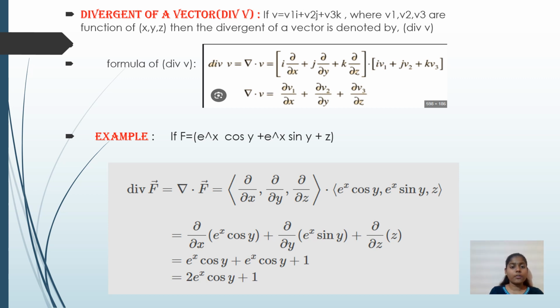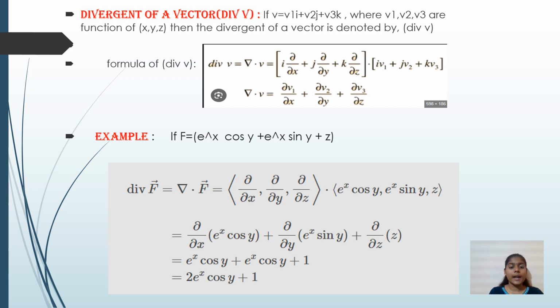The formula of divergence of a vector is del dot v bar is equal to ∂/∂x i cap plus ∂/∂y j cap plus ∂/∂z k cap dot v1 i cap plus v2 j cap plus v3 k cap, where del dot v bar is equal to ∂v1/∂x plus ∂v2/∂y plus ∂v3/∂z.